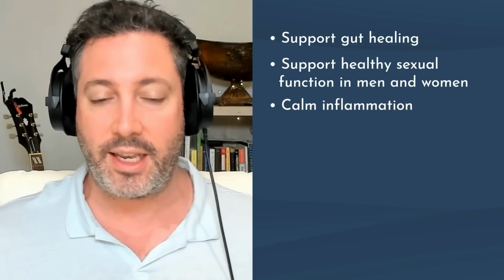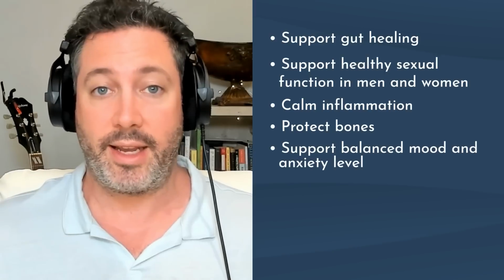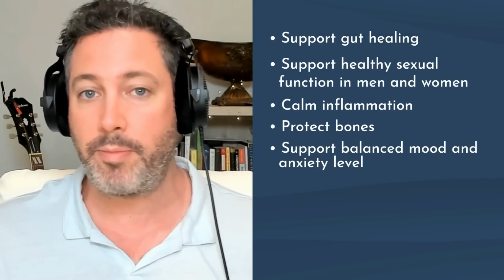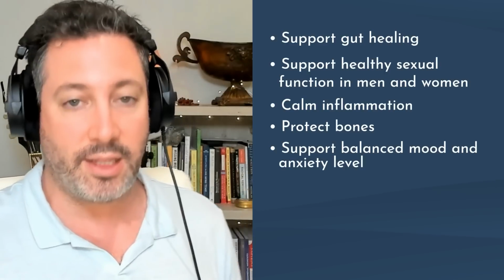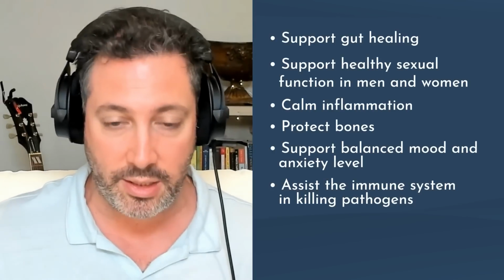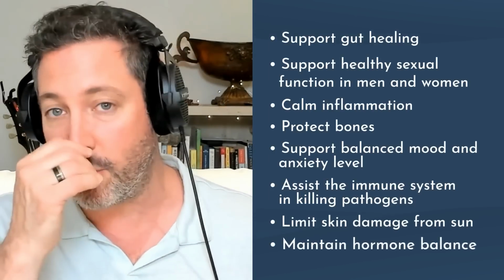It has an effect in lowering inflammation, protects the bones. It has neuroprotective activity, supports balance, mood, and anxiety levels. It's also assisting the immune system in killing pathogens. It's protective for the skin. It's helping maintain a hormonal balance, supports a healthy blood pressure, which is huge.